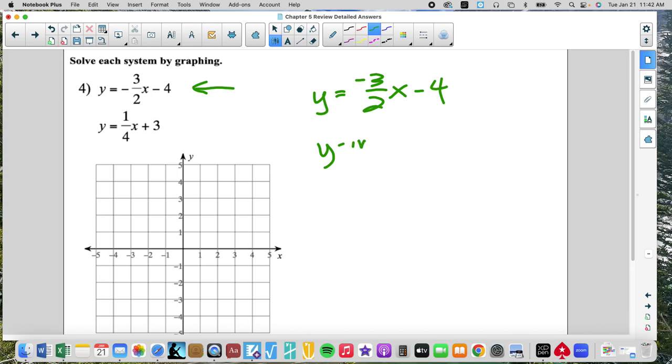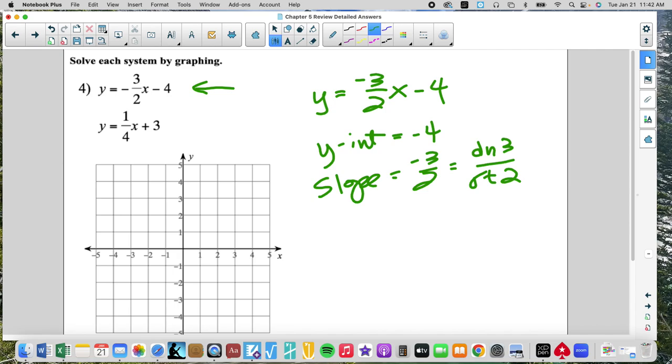My y-intercept is going to be the constant, which is -4, and my slope is going to be -3/2, which means down 3, right 2. Now if I put the negative on the denominator, that would be up 3, left 2. Doesn't matter which one, it'll take you to a point on that line.